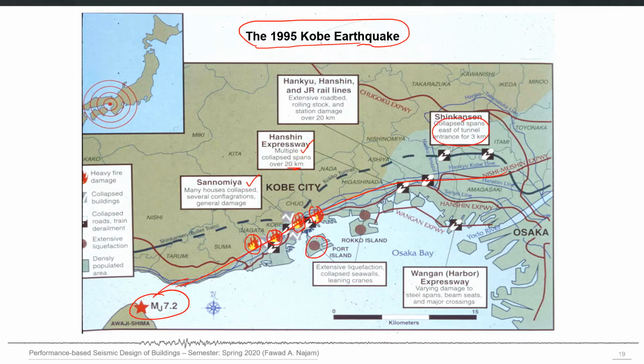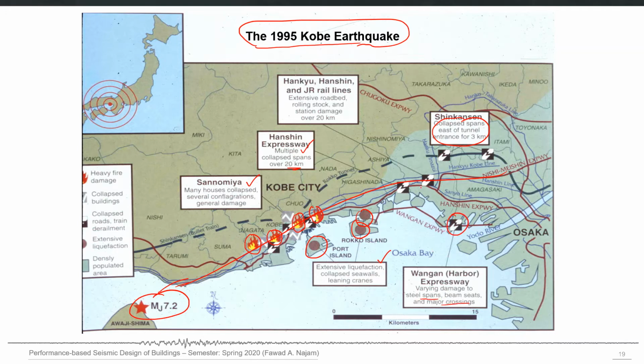Here we have the locations where extensive liquefaction was experienced, collapsed sea walls, leaning cranes. Similarly, also varying damage to the steel spans, beam seats and major crossings at this location.